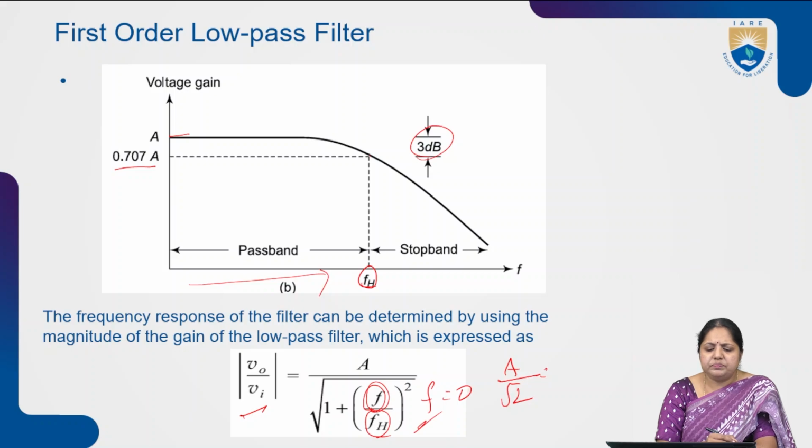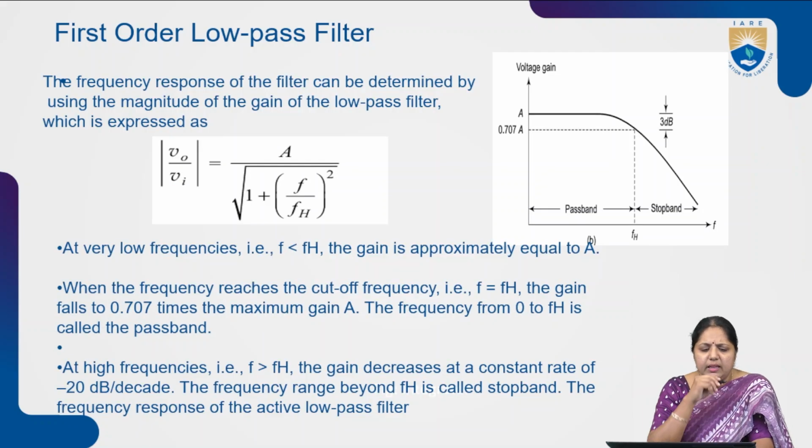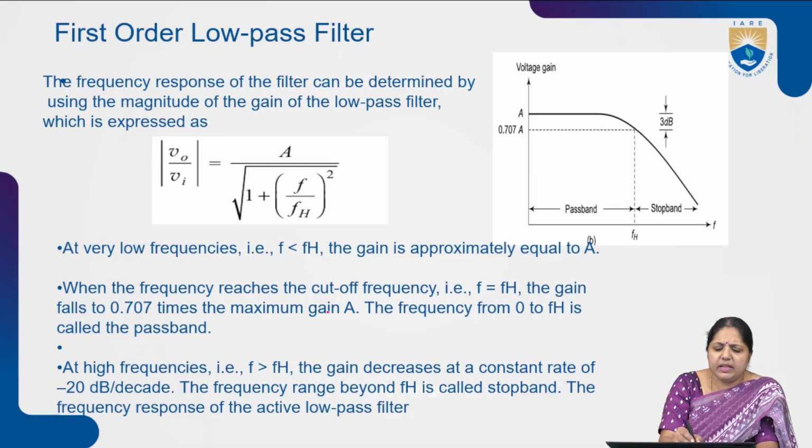So from this, we can tell that when the frequency is at f equal to Fh, the gain value is 0.707 times the maximum gain value. The frequency range of 0 to Fh is called the pass band.